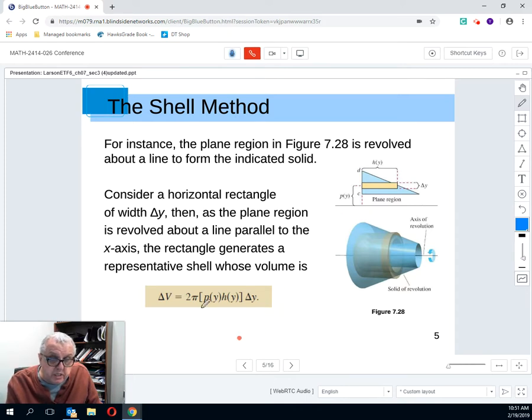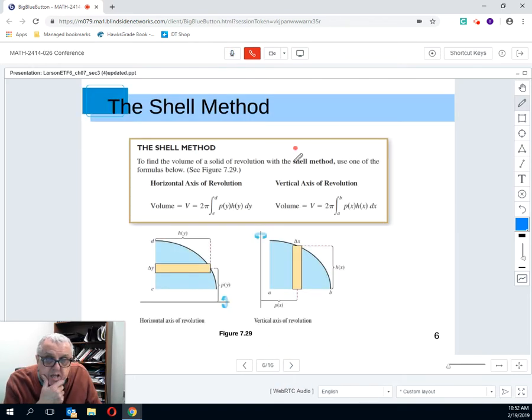So if we look at the formula again, we have the height of the cylinder. P is the distance from the axis of revolution to the center of the rectangle. And we'll look at the two different formulas.